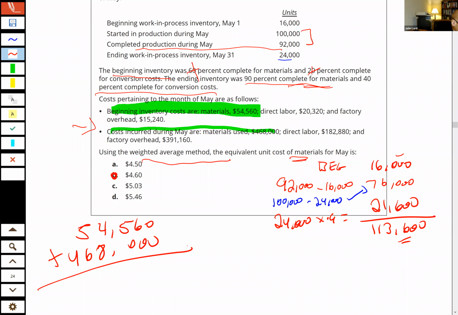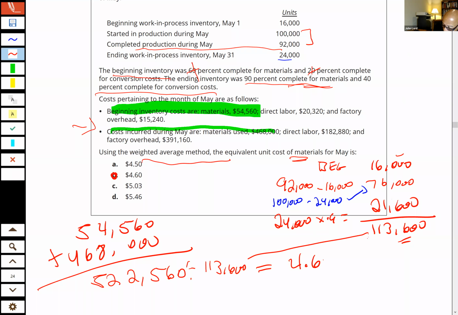That now gives me a total of 522,560. I divide that by the 113,600 equivalent units, and I come up with the correct answer here, which was 4.60.